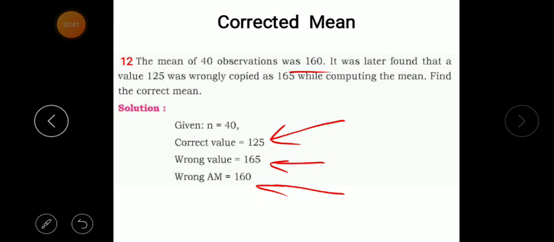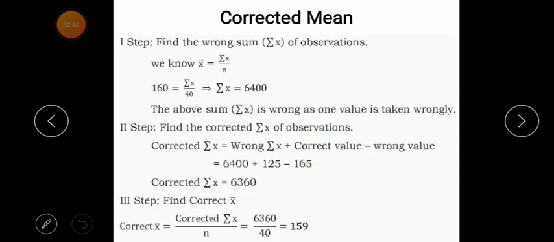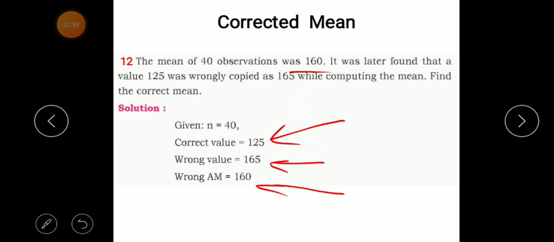The first step is to find the wrong sum, that is the wrong total, summation x of the observations. We know that x bar equals summation x upon n for an individual series. The only x bar that we know is 160.